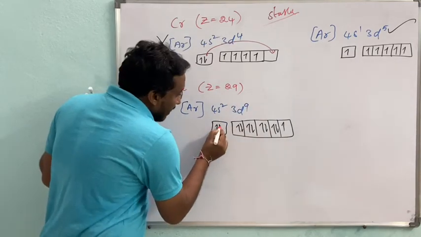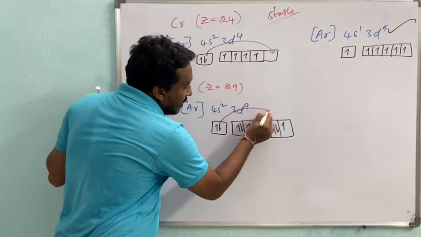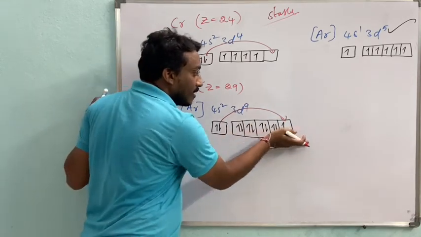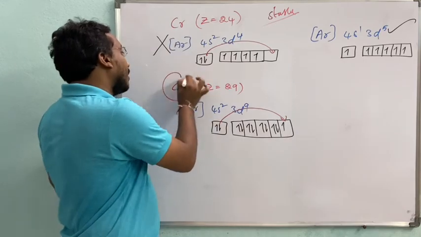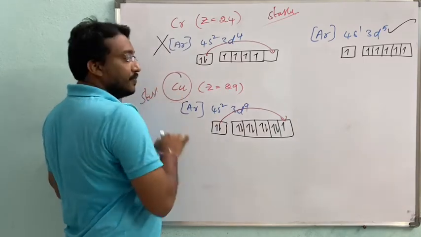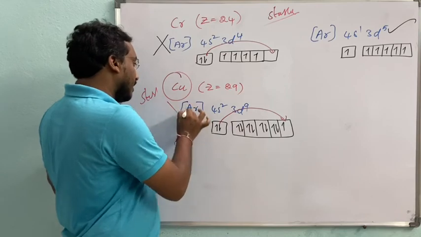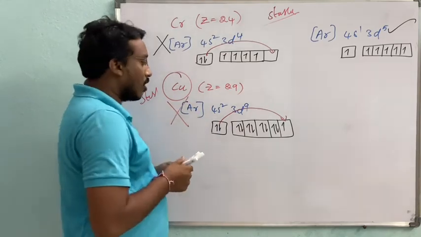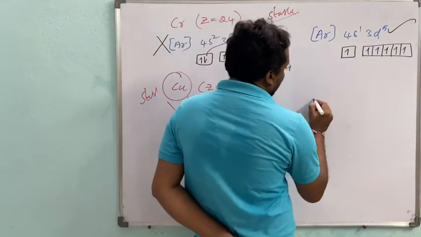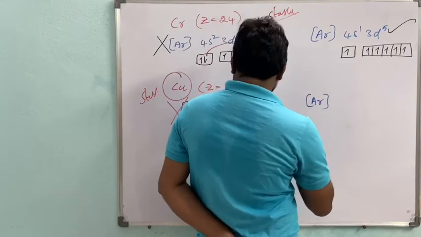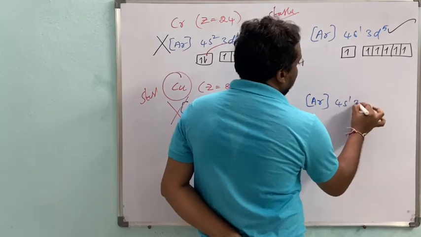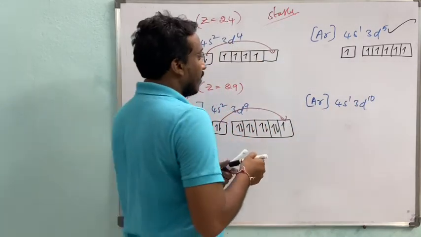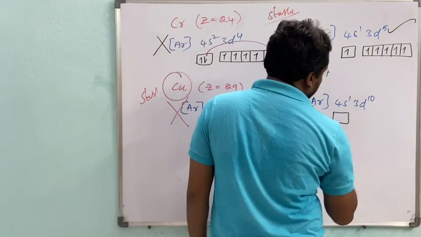So that's why this electron is sent to the 3d orbital, then the 3d orbital becomes completely filled. Now the copper gets more stability. So this is the wrong way of writing the electronic configuration in case of copper. Here we have to write like this: argon 4s1 3d10. Now it is completely filled, so it is more stable.